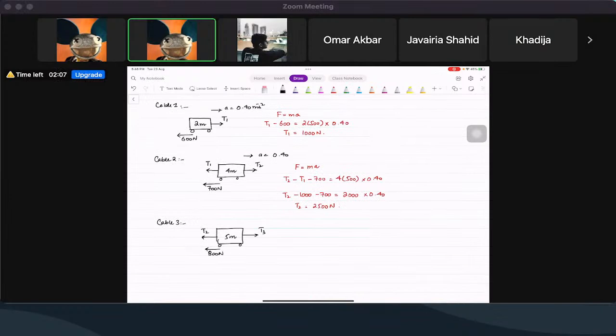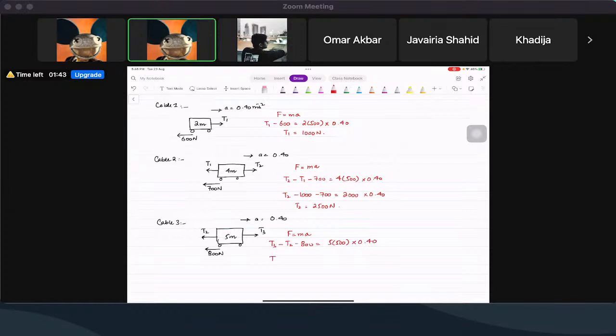And of course the acceleration remains the same, 0.40. Now doing F equals to ma, T3 minus T2 minus 800 equals to 5 times 500 times 0.40.